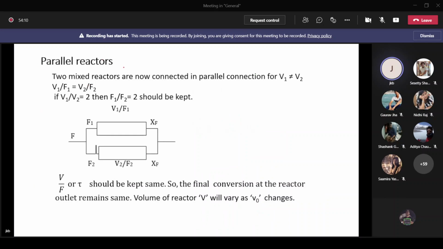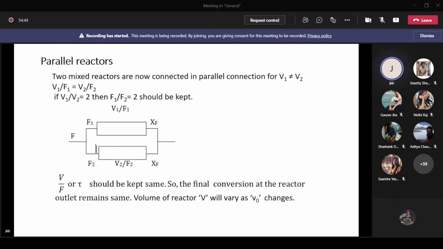Parallel connections. If two mixed reactors are now connected in parallel, and the reactor volumes are not the same, unequal. Say one is 5 liter, the other is 10 liter, twice. So in this case, what should be the flow rates in parallel connection?